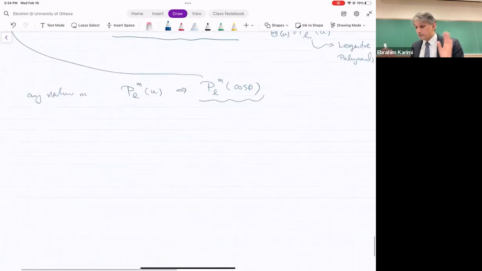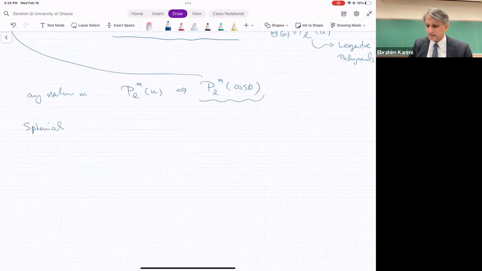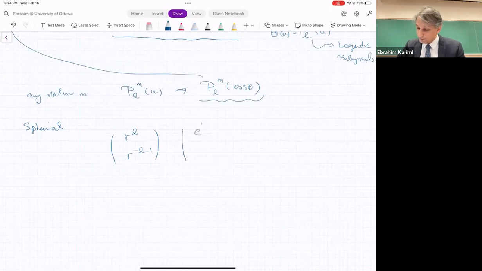Now, for spherical coordinates it is very easy, as I said. For the radial part, what was the solution? R to the power of L, R to the power of minus L plus 1. Those are the two solutions for the second order differential equation. What was the solution for the azimuthal part? E to the power of i m phi, e to the power of minus i m phi.